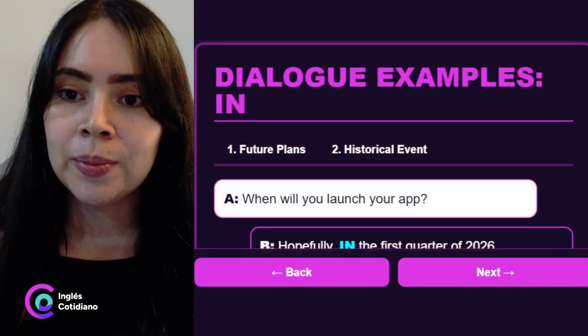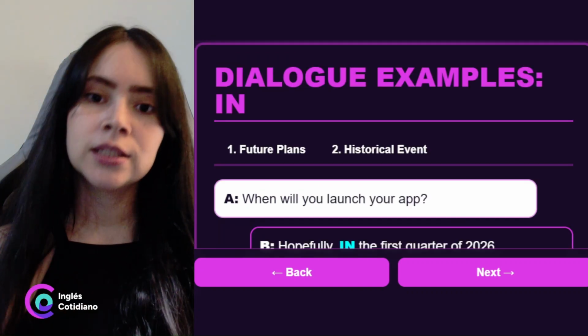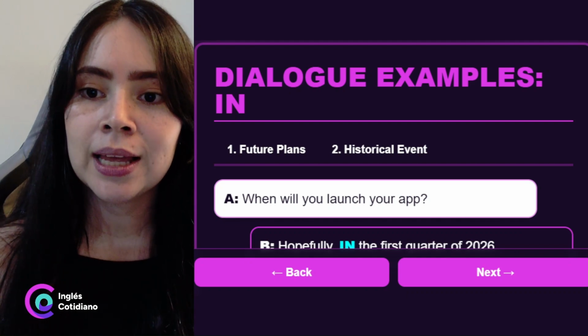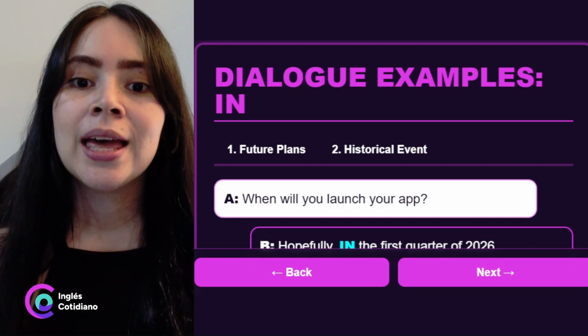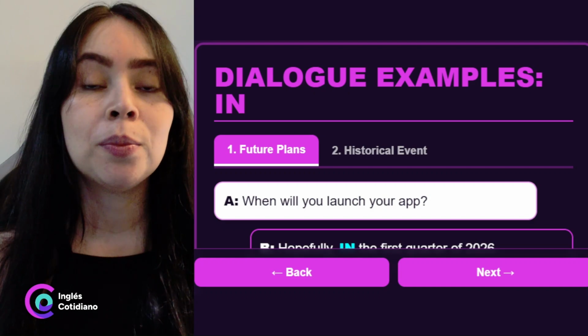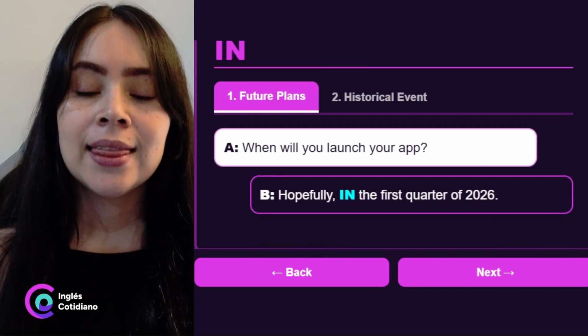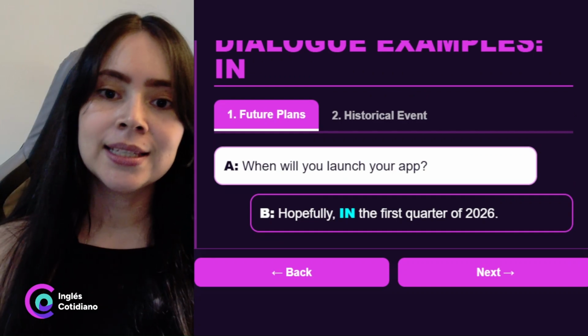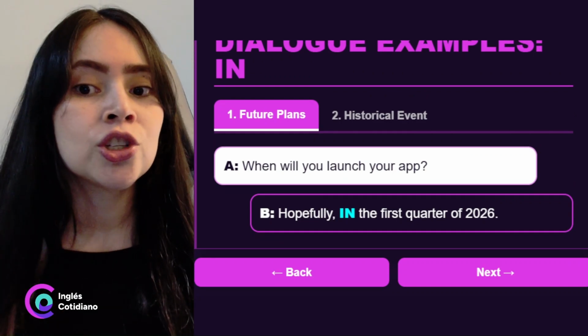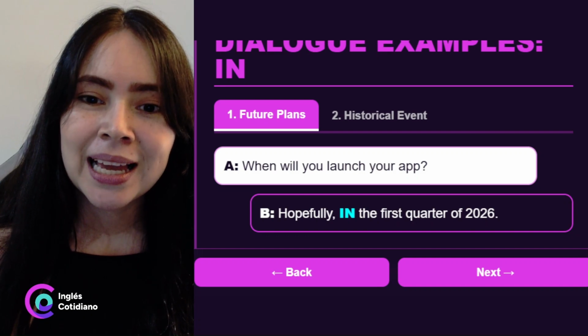Here we can see some examples in context, in dialogues, to understand that a little more. The first one is future plans. Person A says, when will you launch your app?